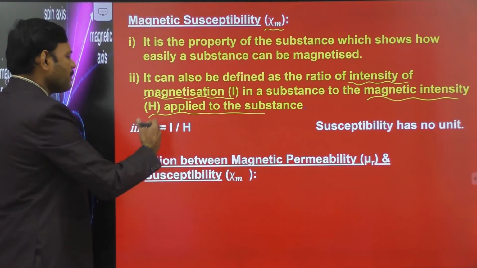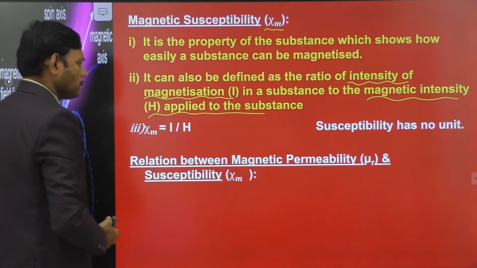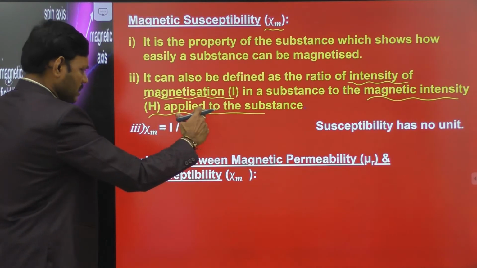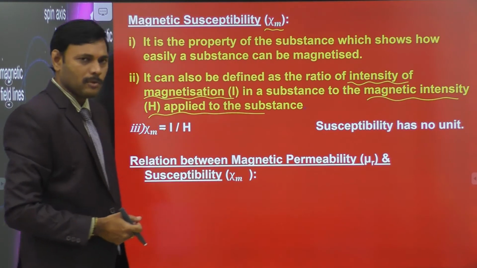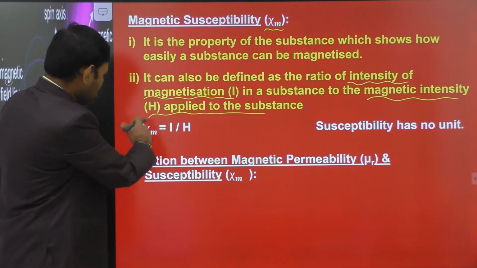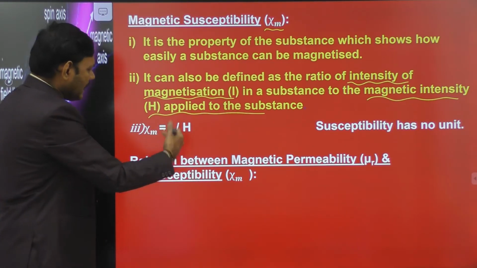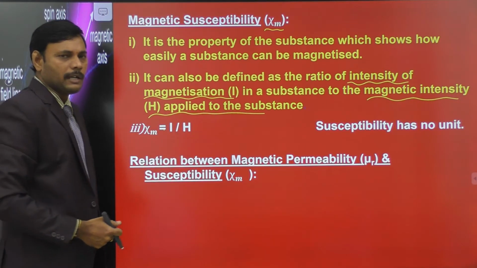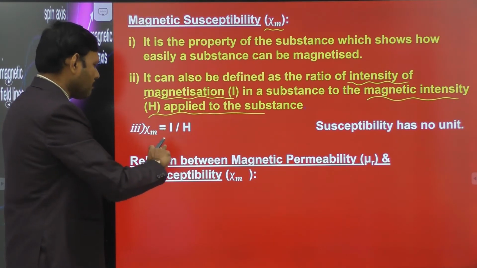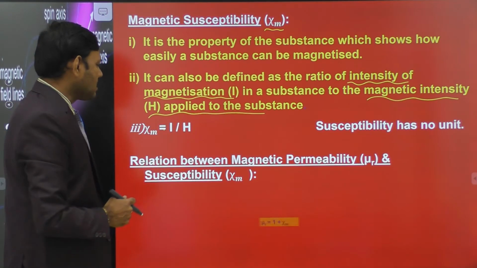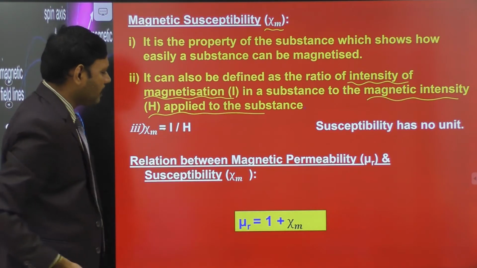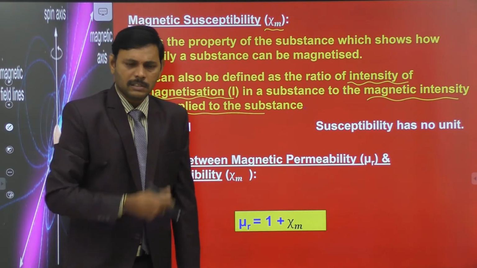Next one, the relation between magnetic permeability and susceptibility, two unitless quantities. We know that mu r is mu by mu naught, and xi is I by H. The relation between the magnetic permeability of a medium and the magnetic susceptibility of a substance is given by mu r is equal to 1 plus xi. This is the relation.